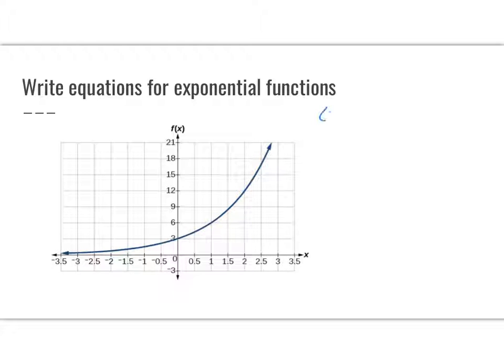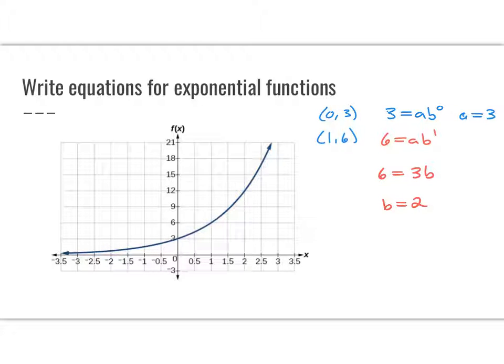So in the graph, you can see we've got the point (0, 3), we've got the point (1, 6). If we plug those in, we've got 3 equals a b to the 0, meaning a is 3. And we've got 6 equals a b to the 1st. So 6 is 3b, b would then have to be 2.